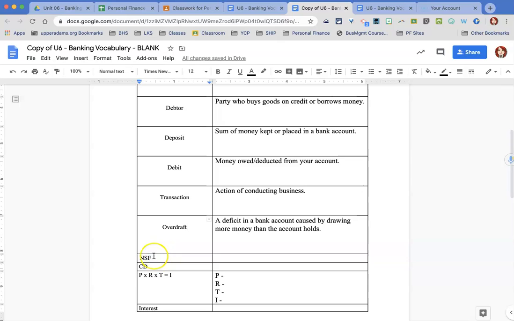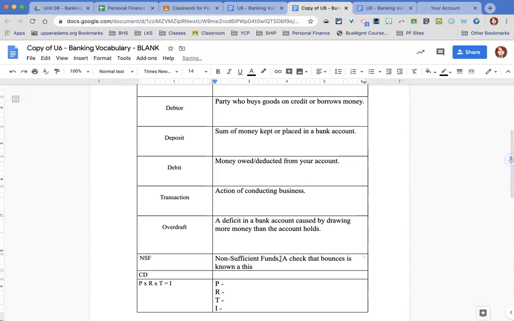So the next term is NSF. Do you remember what NSF stands for? Non-sufficient funds. So a check could be an overdraft or it could be marked as an NSF. Also, a check that bounces is known as an NSF. So NSF, non-sufficient funds, a check that bounces.